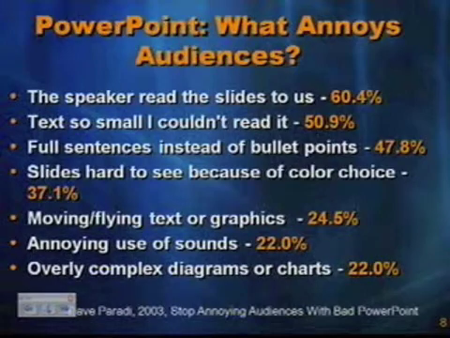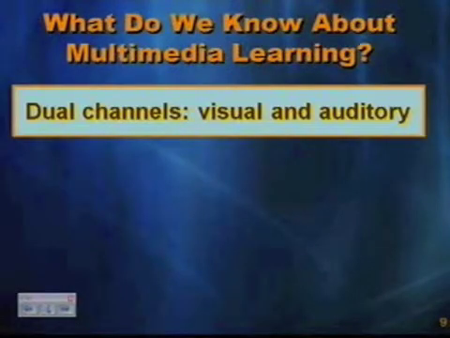Another thing that we need to take a look at is what we know about multimedia learning. And this comes from research into how people learn with multimedia, how they process the information. There are just 3 things that we need to be aware of.